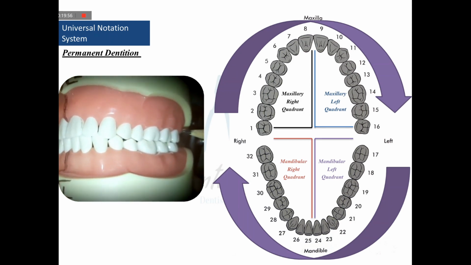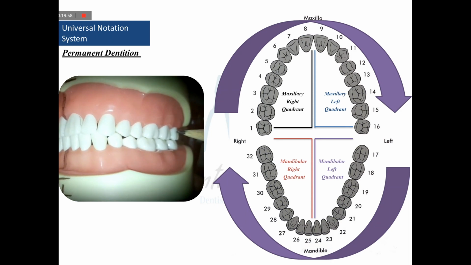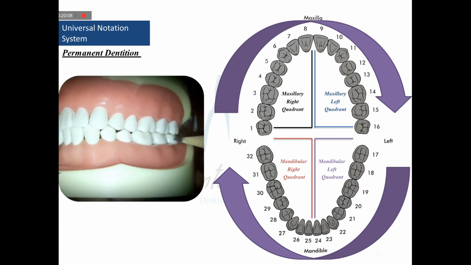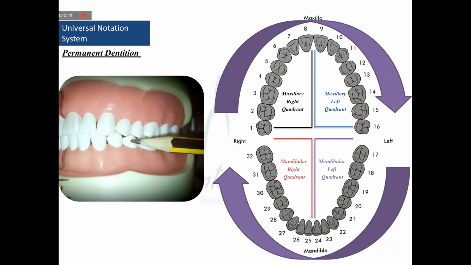Now after counting them, we go towards the mandibular arch just below. On the left hand side we mark the third molar as tooth number 17. After the third molar on the left hand side, we start to count the teeth towards the midline and mark the second molar as 18, first molar as 19, second premolar as 20.